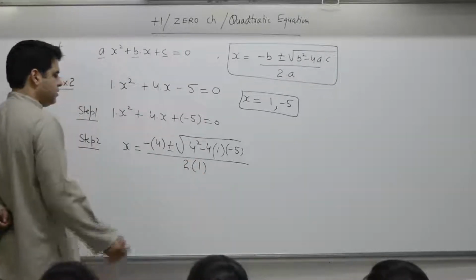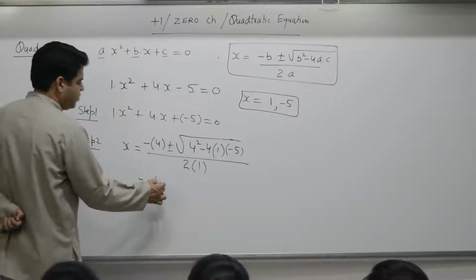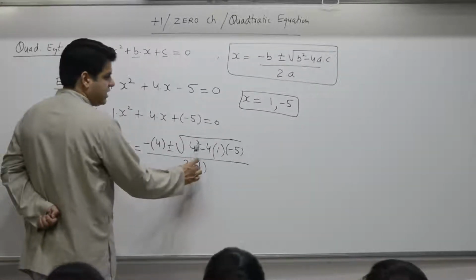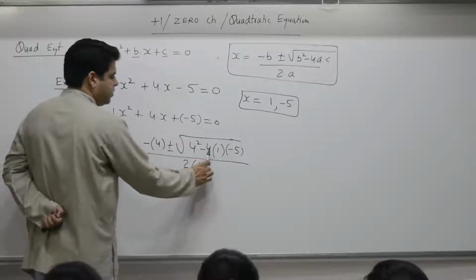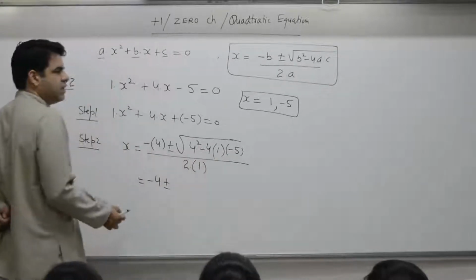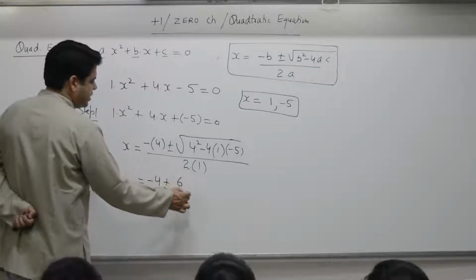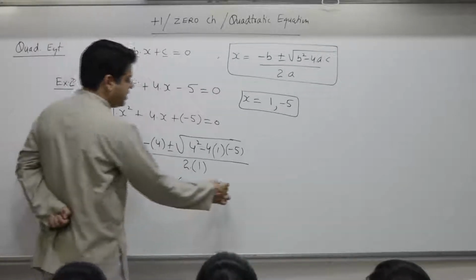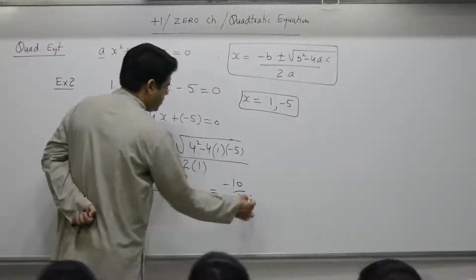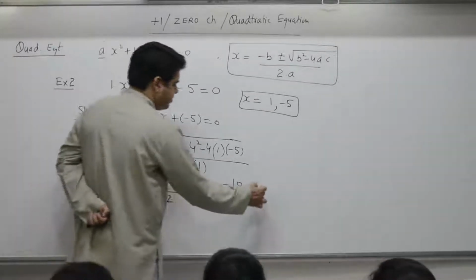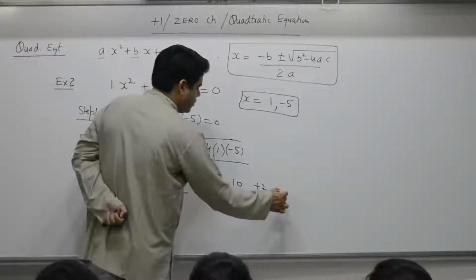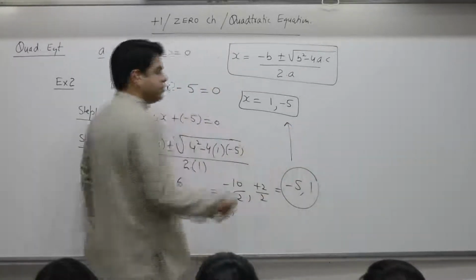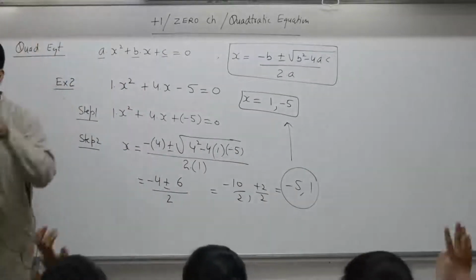It comes out to be minus 4 plus minus root of 4 square is 16, minus minus plus 20. 16 plus 20, 36. 36 under root is 6. Minus 10 by 2. Minus 4 plus 6, 2 by 2. So the answer is minus 5 and 1. Another correct answer, ask please.